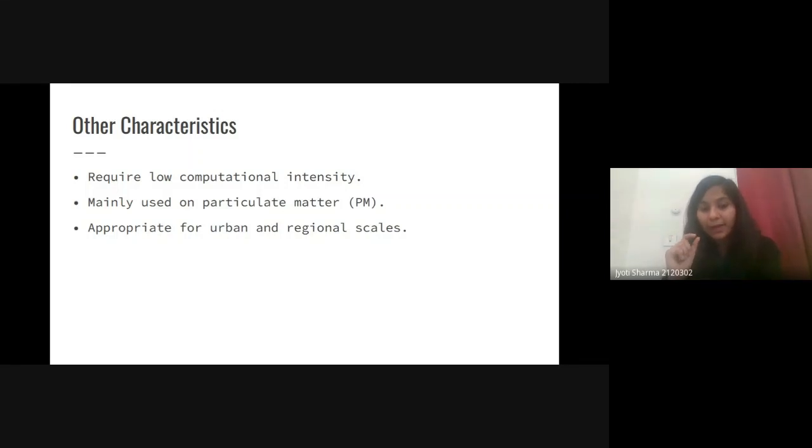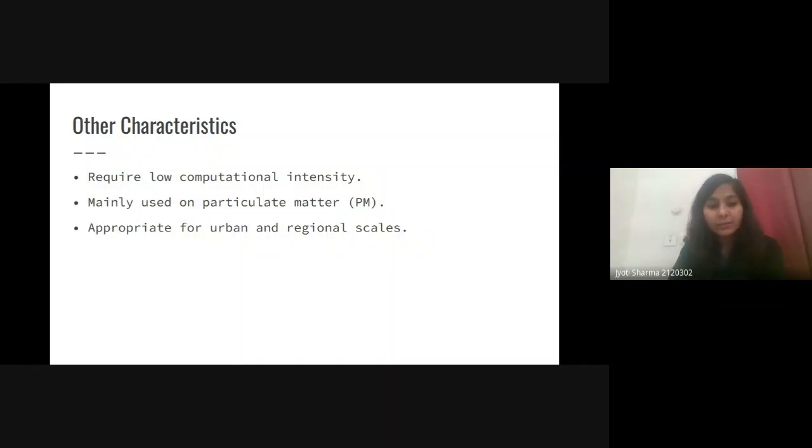Particulate matter has different elemental composition, so based on that you can find out the source. But for different gases you may not be able to find out the source. A very easy thing is that you can use it on particulate matter only. Then it is appropriate for urban and regional scale.